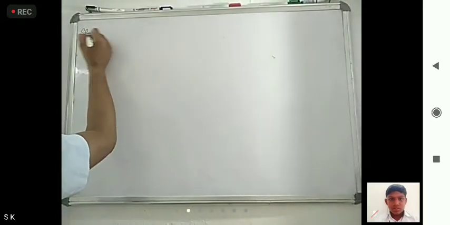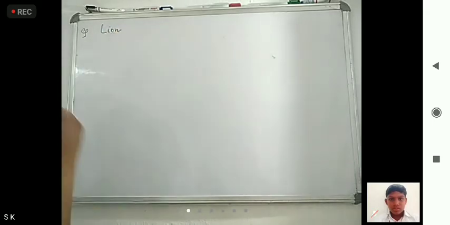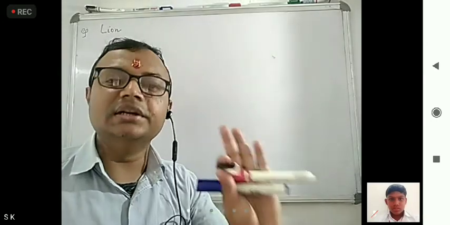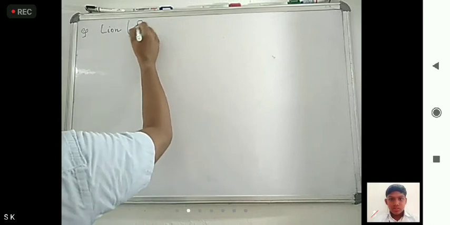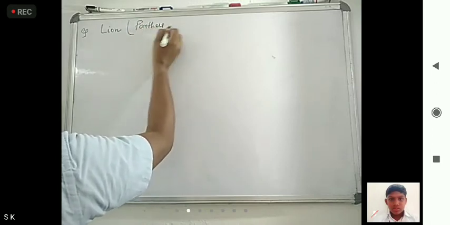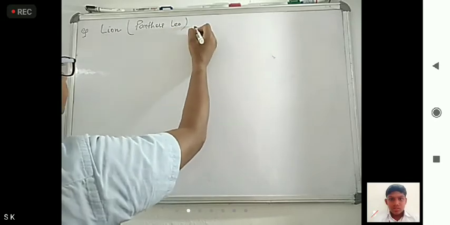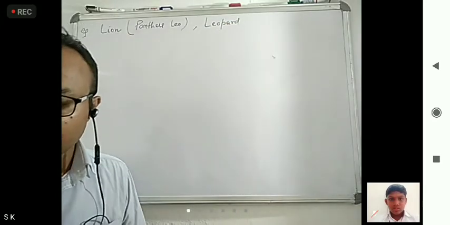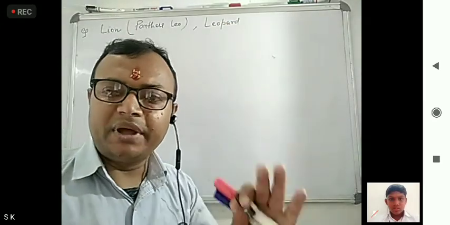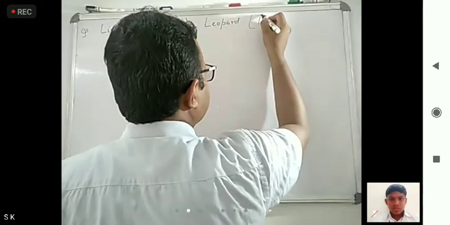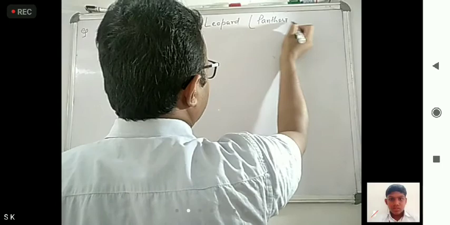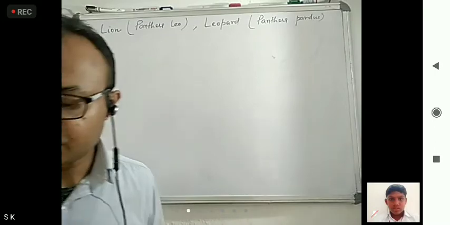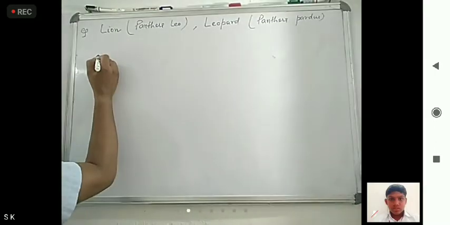Let's see the same in another example, for example lion. What is the scientific name of lion? That is Panthera leo. Leopard is Panthera pardus. Tiger, we already know, is Panthera tigris.